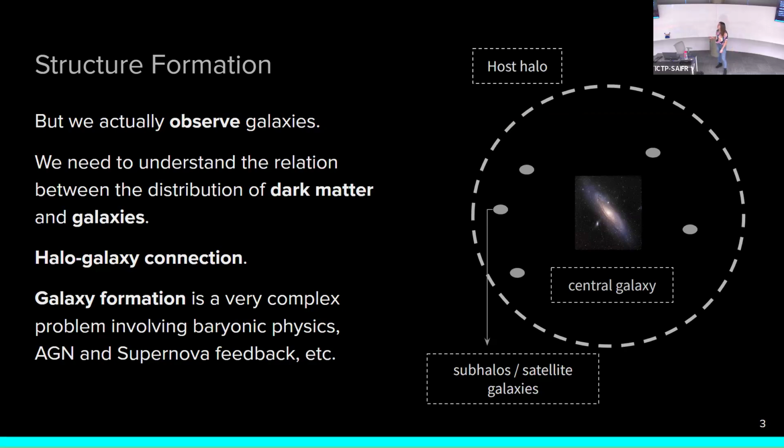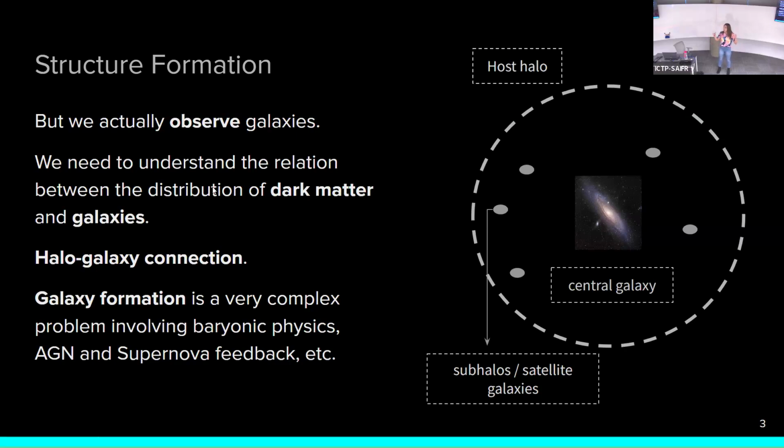As I said, we have some model to obtain the dark matter density, the distribution of dark matter. We may find the halos there, and then later we can apply some prescription to populate these halos with galaxies, right? This is the galaxy-halo connection.